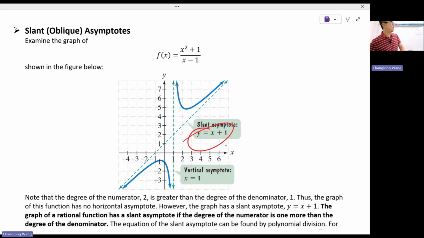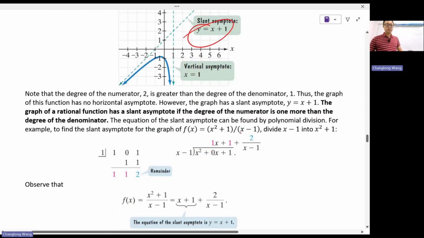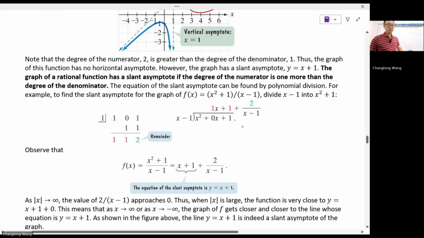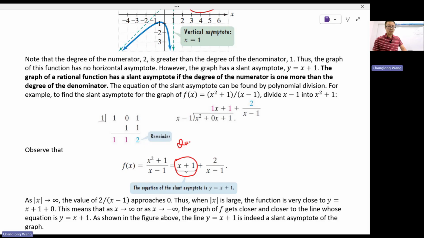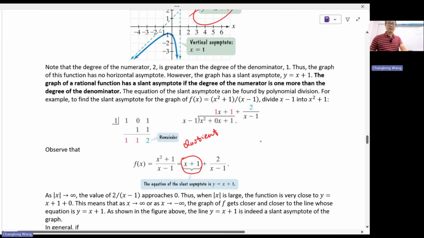And the way you can locate it is a little bit different. All you have to do is polynomial division. But if we're lucky enough to have a degree 1 divisor with a trivial leading coefficient, you could do synthetic division and find the quotient, and it turns out that the quotient is going to be the slant asymptote, right? Which means you already know how to find it, but now we just give it a name.